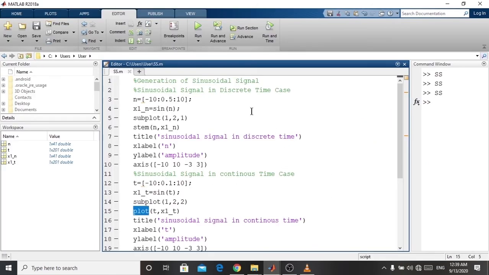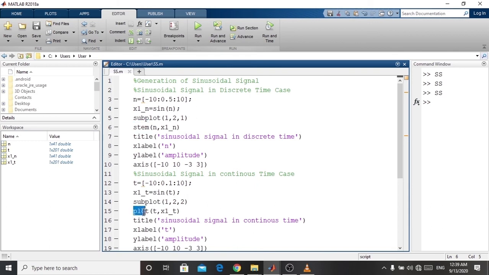In the production of sinusoidal signal in the discrete time case, the spacing on the x-axis is more when compared to the spacing on the x-axis in case of continuous time signal. And here you use the command stem to produce the discrete time signal.